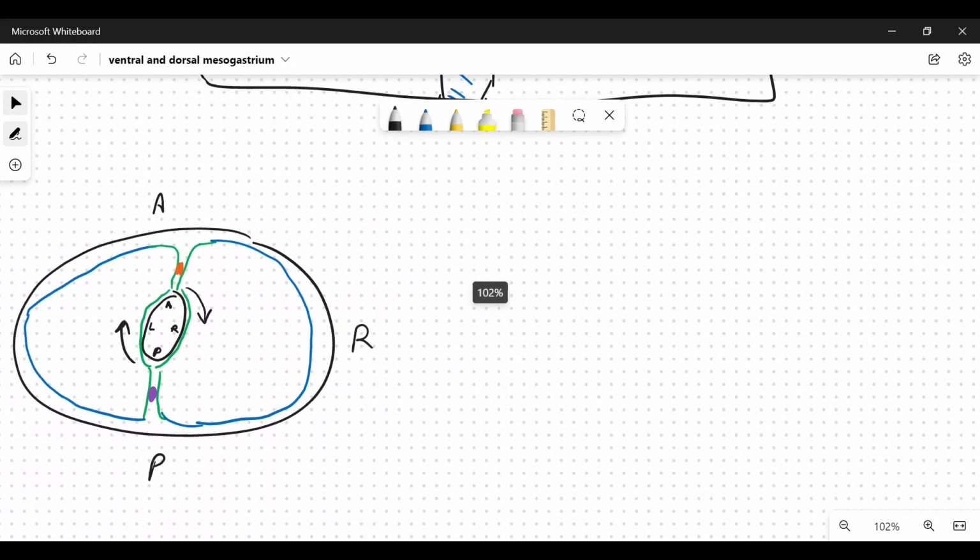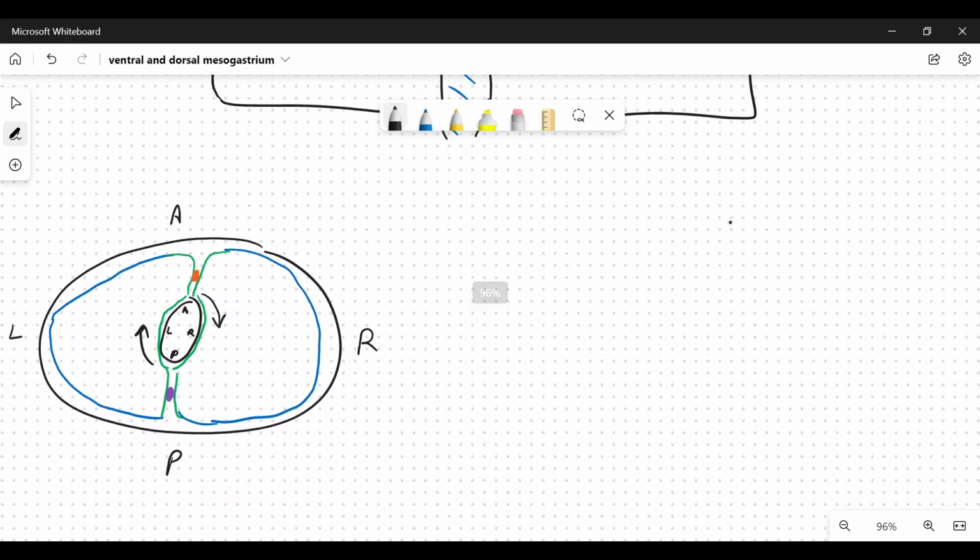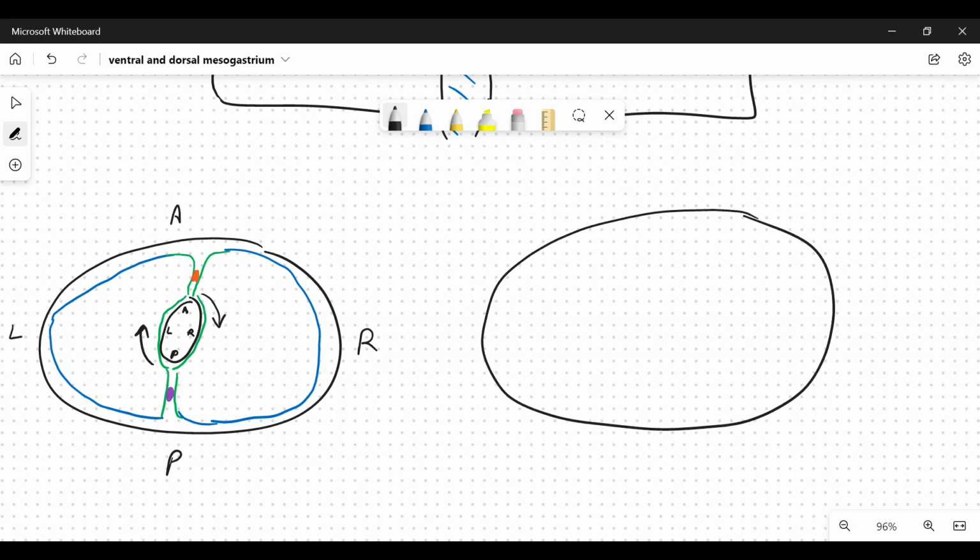What is going to happen is that if I draw the similar section of the body, the stomach has become more or less like this, so that the anterior border has now become the right border of the stomach, and the posterior border has now become the left border of the stomach, whereas the left surface has now become the anterior surface of stomach and the right surface has now become the posterior surface of stomach.